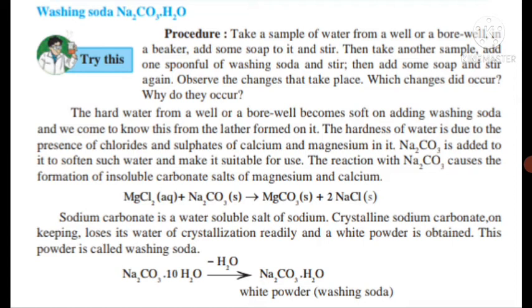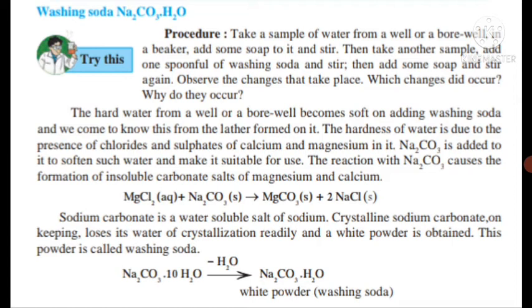This magnesium carbonate is an insoluble carbonate salt of magnesium, plus twice NaCl, meaning sodium chloride. Sodium carbonate is a water soluble salt of sodium.